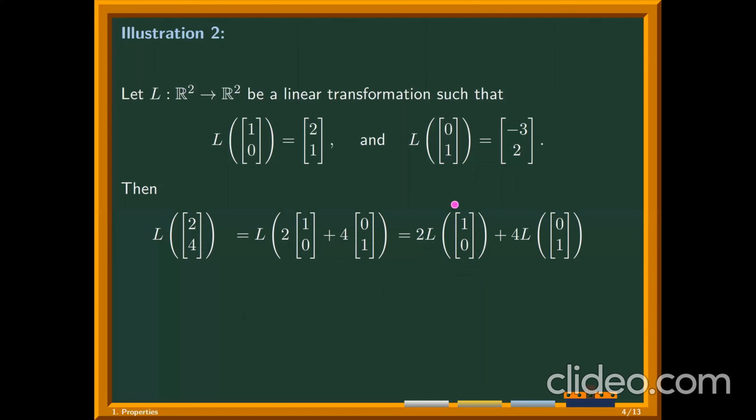Then you just apply the definition for L about the images of the basis elements. So this is equal to 2 times (2, 1) plus 4 times (-3, 2). And you can just perform the vector operations on R2 to arrive at the final answer.